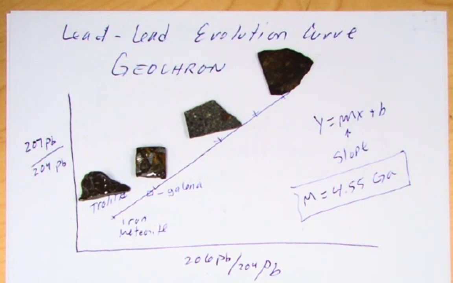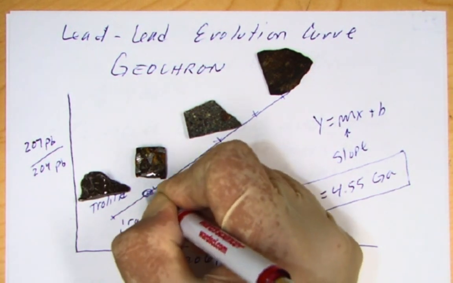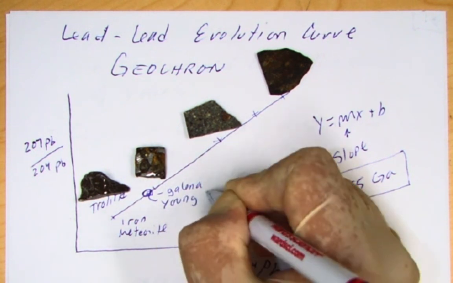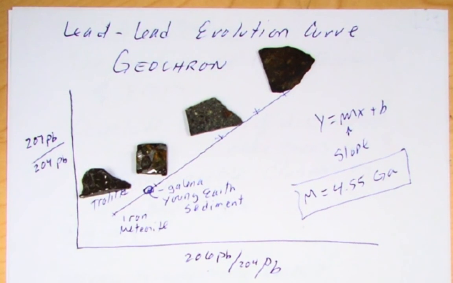In fact, the Amazon or the Orinoco rivers in South America, because they sample a huge craton, a huge part of northern South America, and they funnel it down to the delta. So if you sample that sediment, we find that sediment also falls right in here. So this is a young Earth sediment, and it also falls on that line. So this just tells us that Earth also falls on this line, so Earth also has the same age.